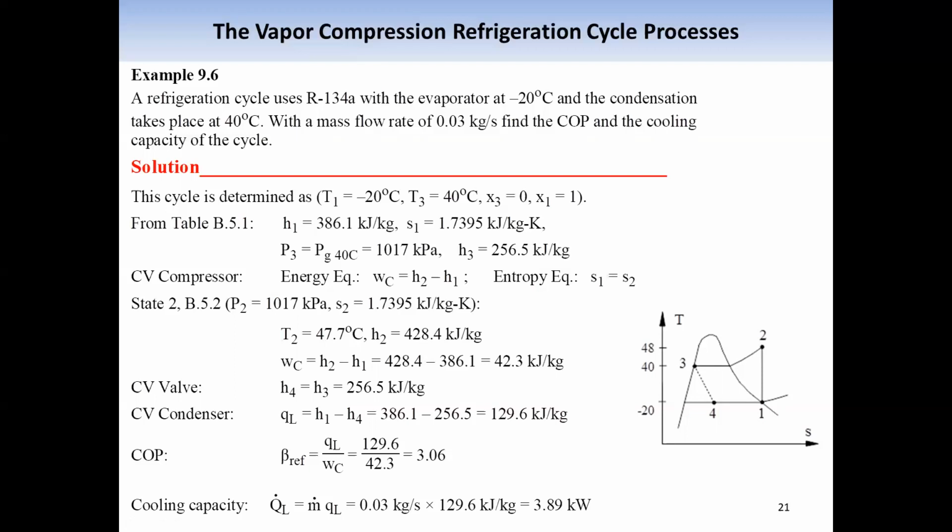Since we are given the temperature for this horizontal line, but the temperature of state 2 can be estimated because we know the process is isentropic. So the entropy of state 2 is known.